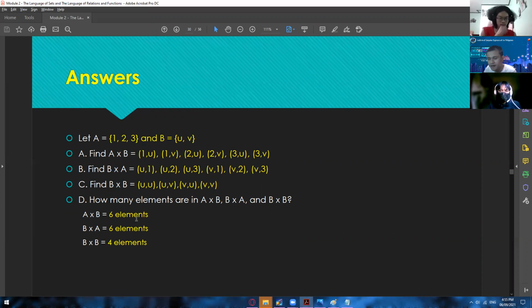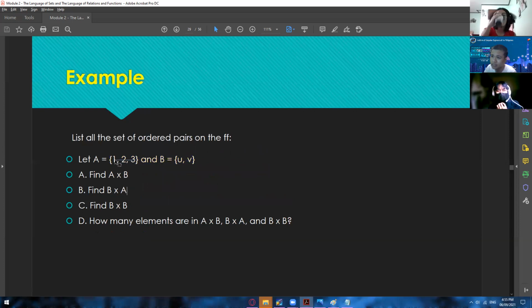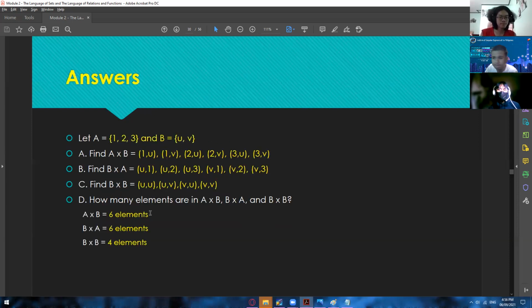Again, in order for you to know the total number of elements or total combinations, just count the elements in the first set versus the second set. So 3 times 2 is 6, and then 2 times 2 is equal to 4.